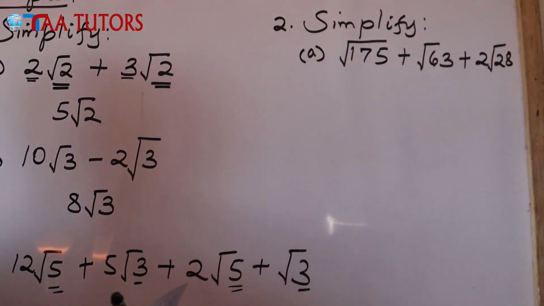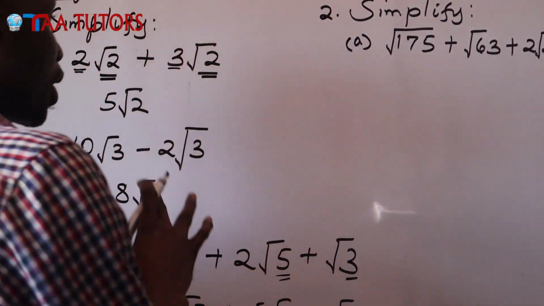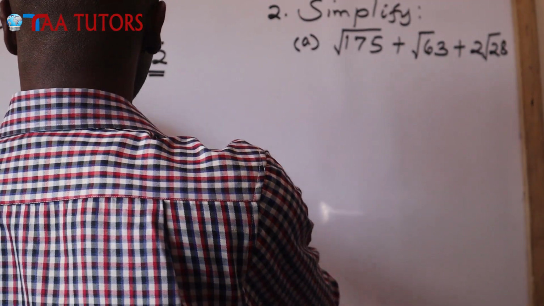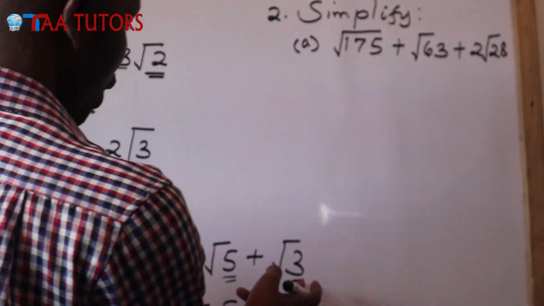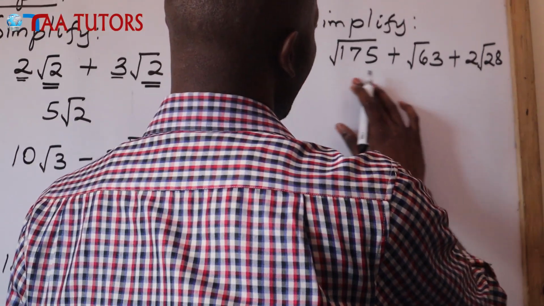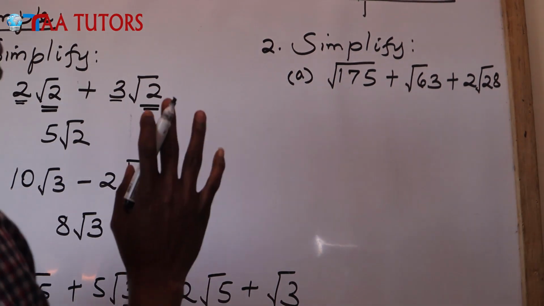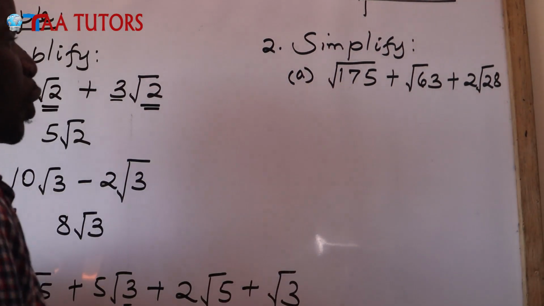Now viewers, you realize that we are having a much trickier example than example 1, which simply required us to add or subtract, where the terms were already in the simplest form. In this case, someone may think that these are unlike terms, and therefore the answer remains surd 175 plus surd 63 plus 2 surd 28.